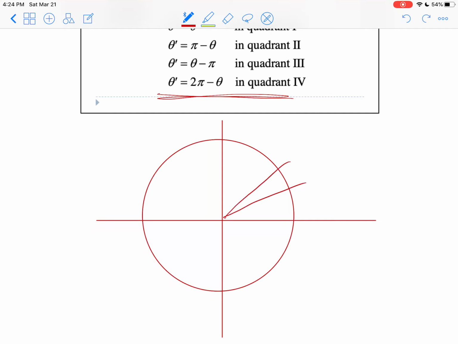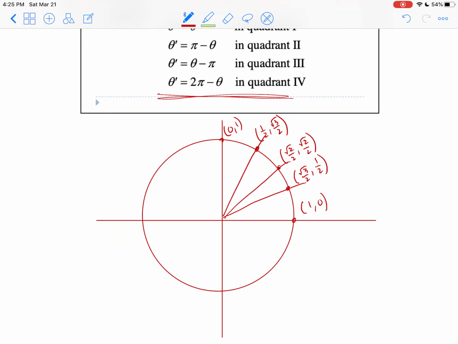If we know the values of these points on the unit circle in the first quadrant, so this is 1, 0, this one's root 3 over 2 comma 1/2. This one's root 2 over 2 comma root 2 over 2. This one's 1/2 comma root 3 over 2. And this one is 0, 1.